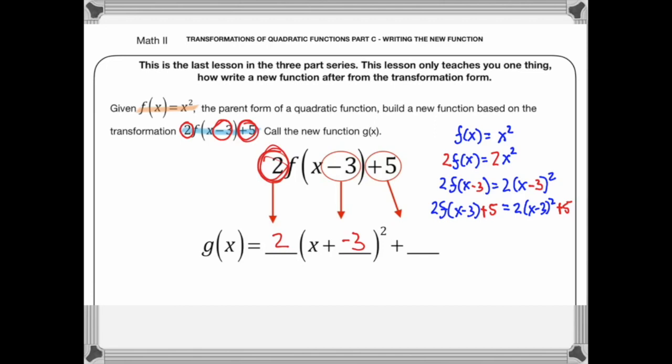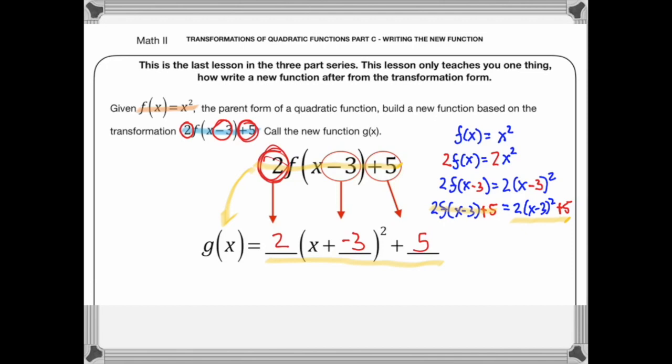Just looking at an observation here, this right here is the same as this guy right here. So we're going to call that g of x, and g of x is going to be this new function that we made right here and right here.